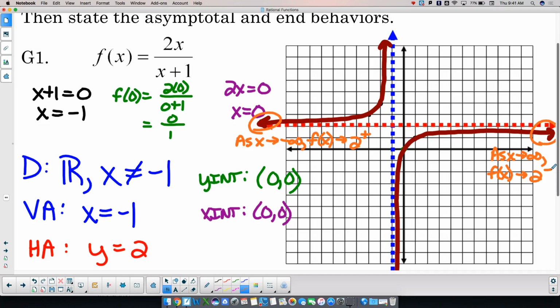This one up here is my left side of my asymptote behavior. It's saying as x is approaching negative 1 from the left, my function is going to positive infinity.